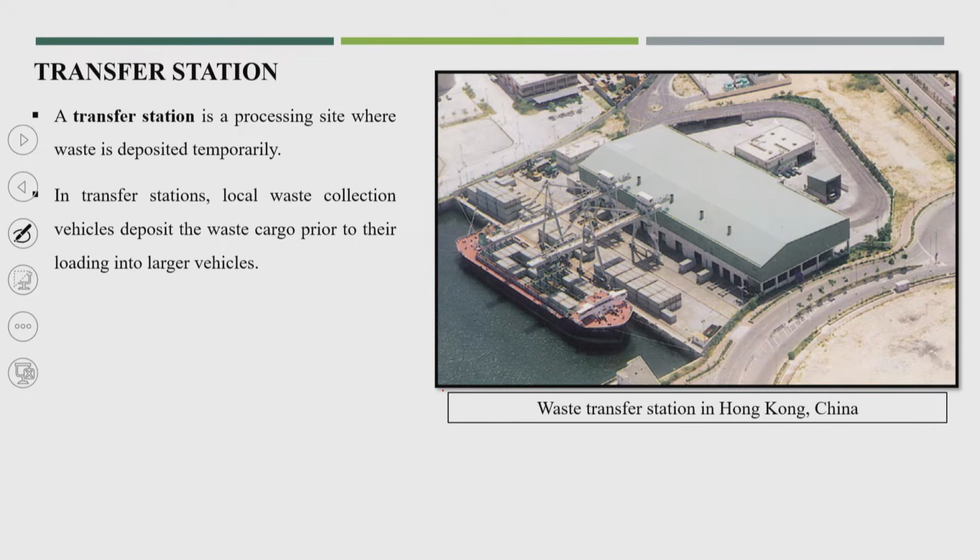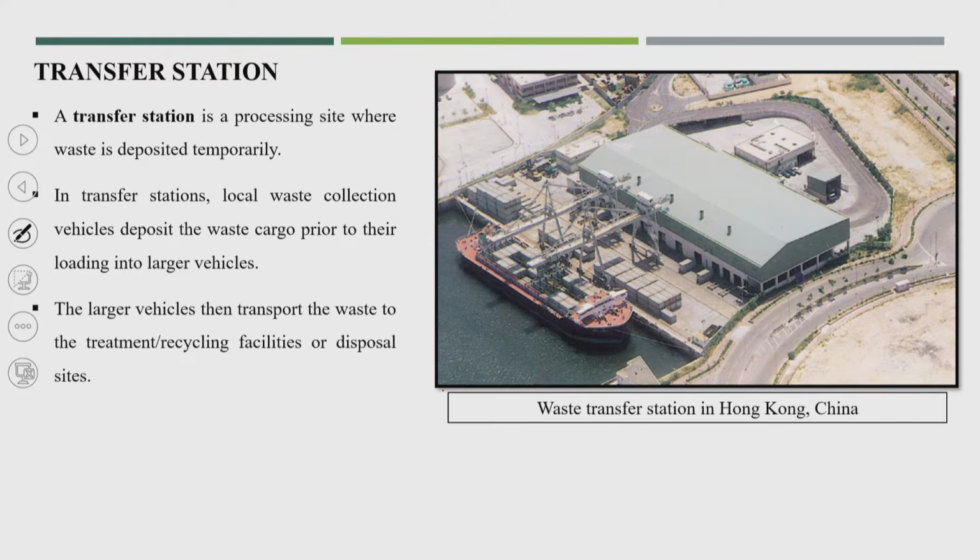The smaller vehicle will collect the waste from the sources. These sources could be households, dustbin sites or container sites, and these smaller vehicles will deposit the waste into these temporary locations, and after that it will be loaded to the larger vehicle. The larger vehicle then transports the waste to the treatment, recycling or disposal facility.